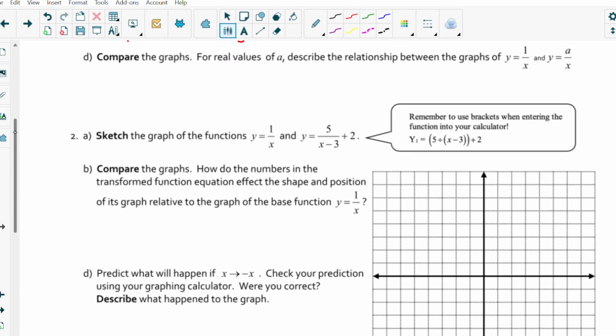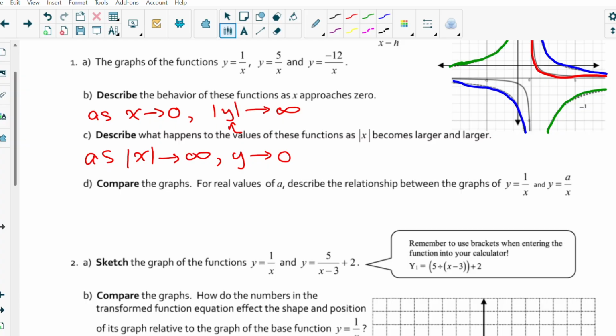Describe the relationship between the graphs of y equals 1 over x and y equals a over x. So let's take a look at that. For y equals 1 over x versus, in blue, y equals 5 over x, what can we say? The a value equals 1 here, and the a value here equals 5.